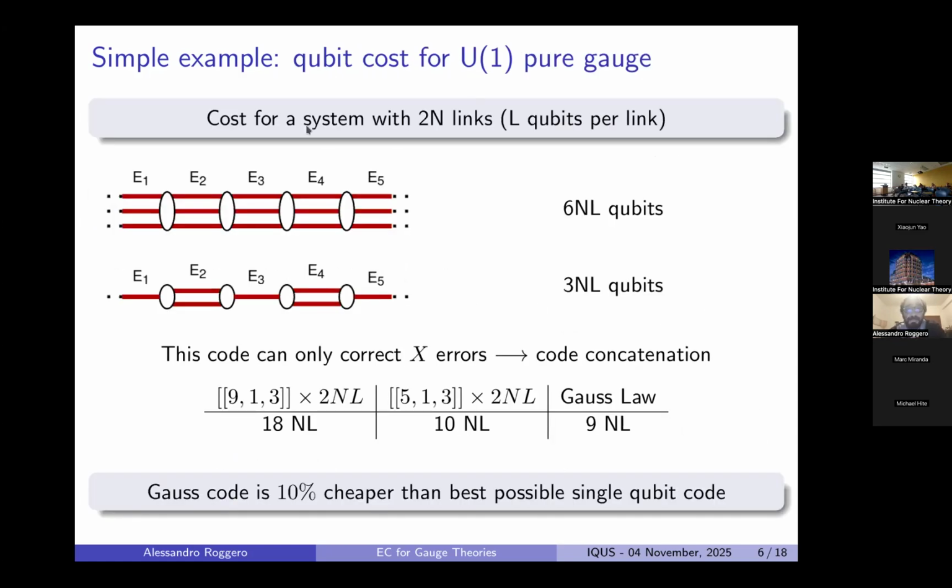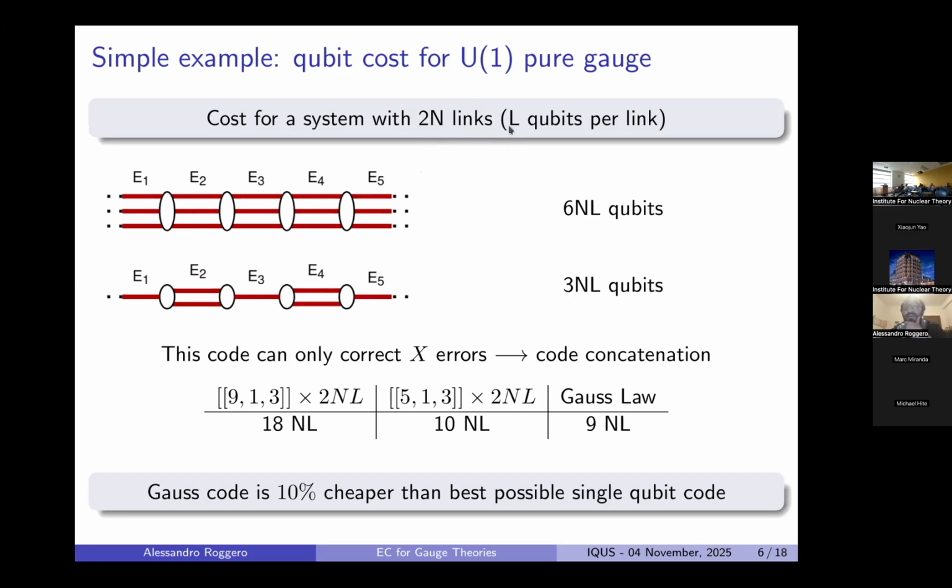So in general, if you want to do this, imagine that you want to encode a full system, and we are considering a number of sites equal to 2n. If you want to do a generic one, you need in general to truncate it.